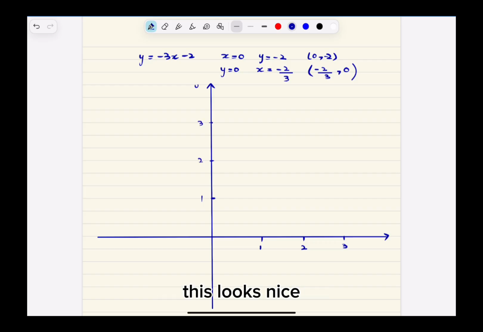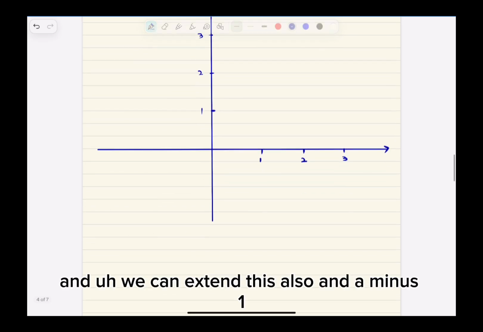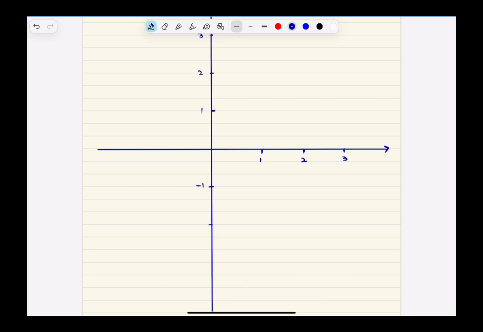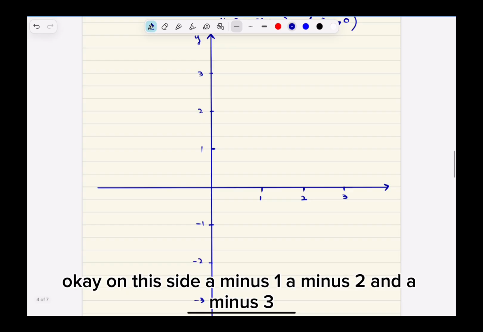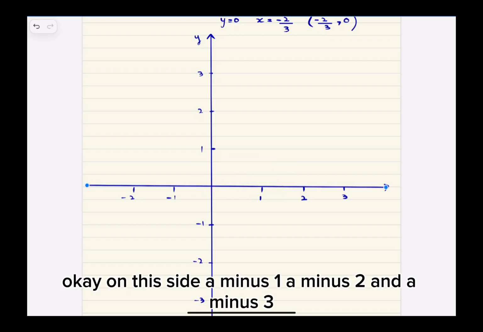This looks nice, and we can extend this also. And minus 1, minus 2, minus 3. And on this side, minus 1, minus 2, and minus 3.